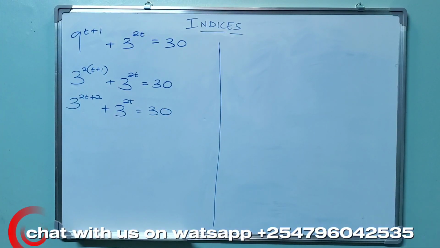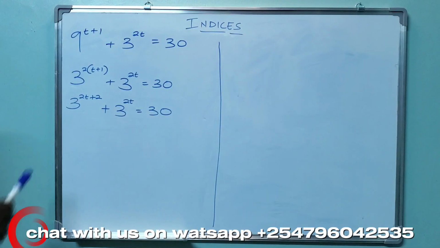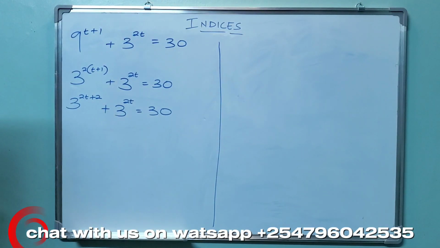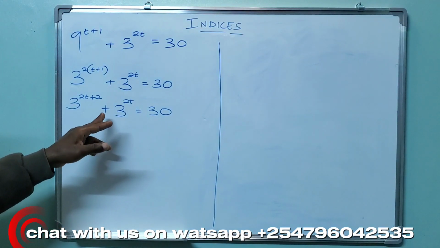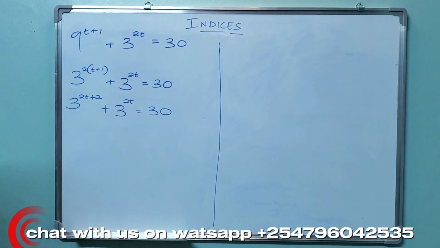Now, again, I cannot combine this and this. Why? Because the sign that separates the two index is a plus. And in our laws of indices, we don't have any law that involves an addition in between two powers or in between two indices. So, what are we going to do?